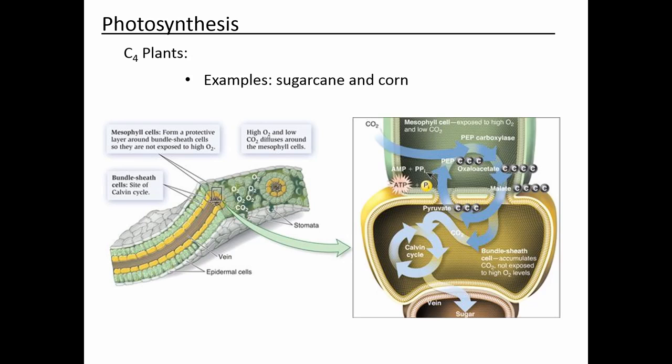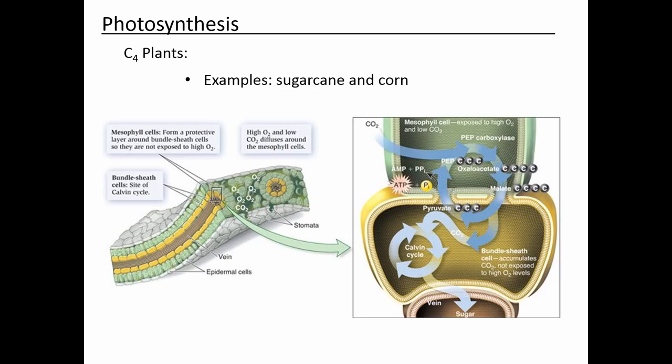And then what you can see happens is the pyruvate that you produce when the 4-carbon molecule breaks down is transported back into the mesophyll cell and used to regenerate PEP, and that step requires more ATP. Okay, so this pathway minimizes photorespiration, which is why they have an advantage in hot, dry environments.